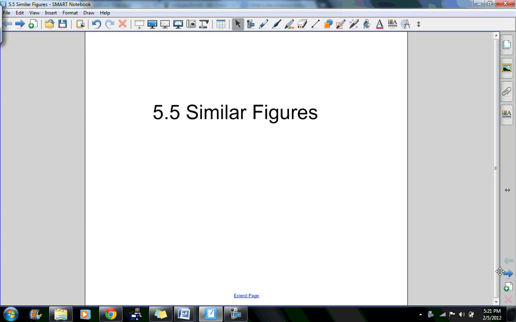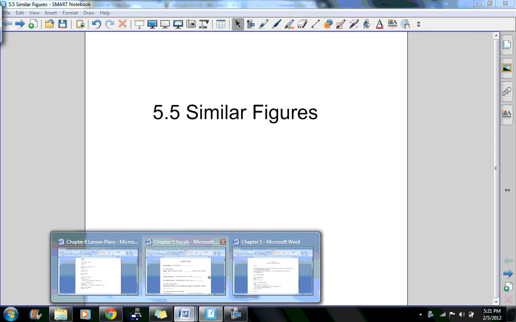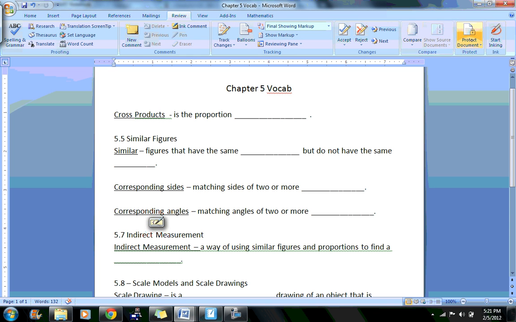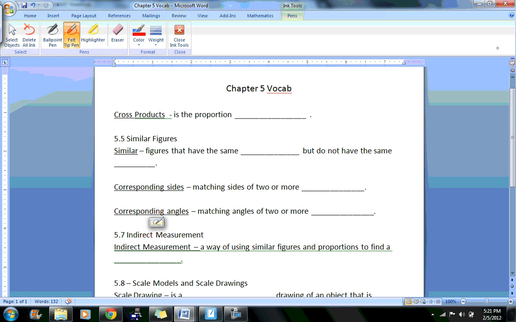So the first thing we have to do is get out our vocab sheet and figure out the vocab for section 5.5. Now, I'm going to tell you right away that cross multiplication is not in chapter 5, but it is something we have to remember.